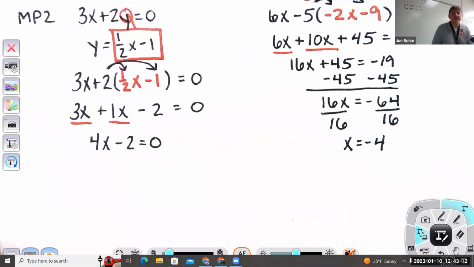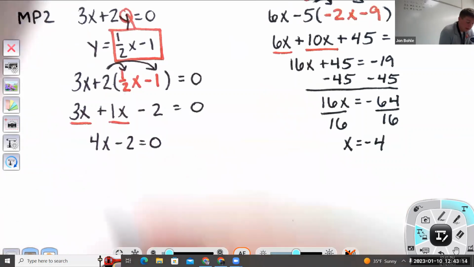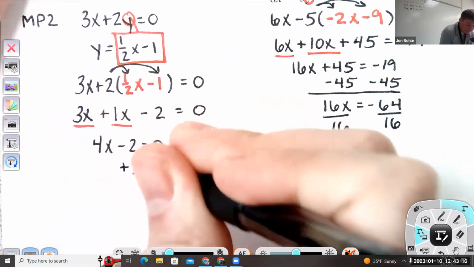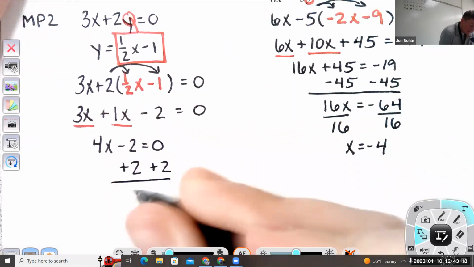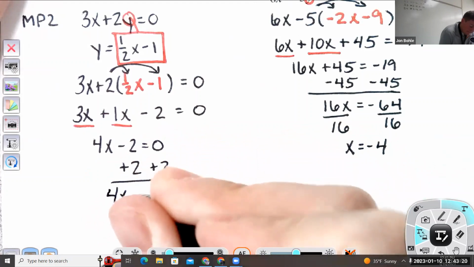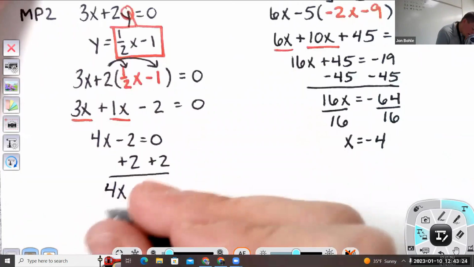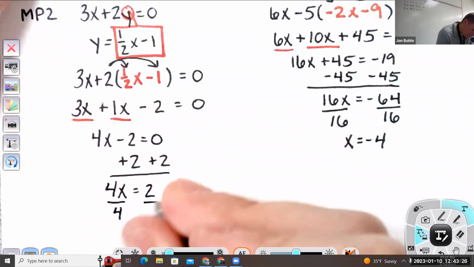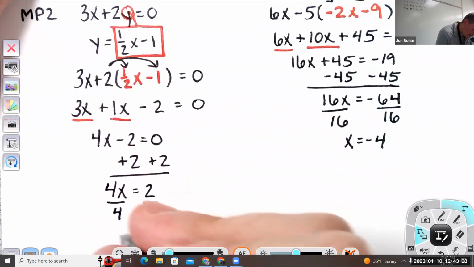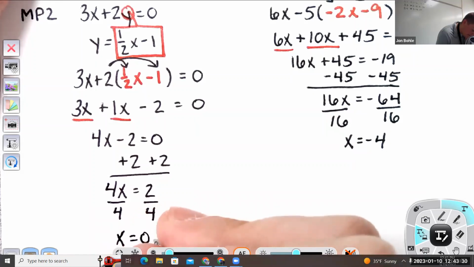I could divide everything here by 2, but I'm going to add 2. Okay. And then divide by 4 to find out that x is equal to 0.5.